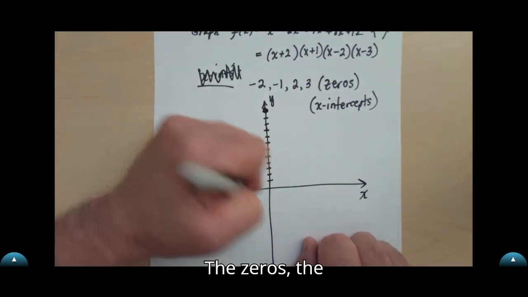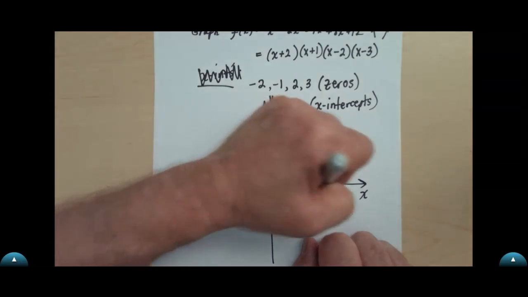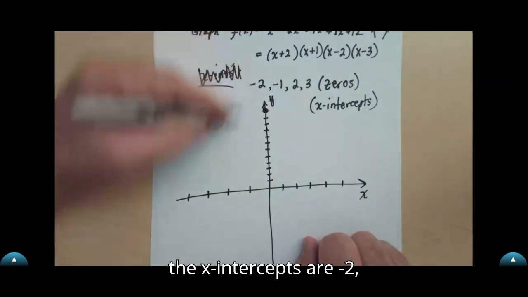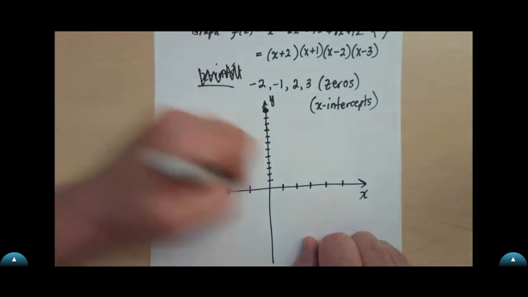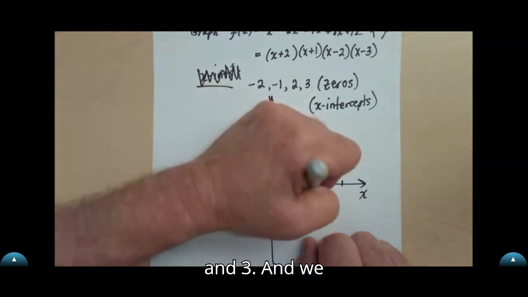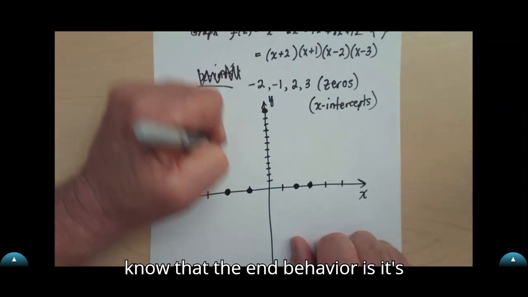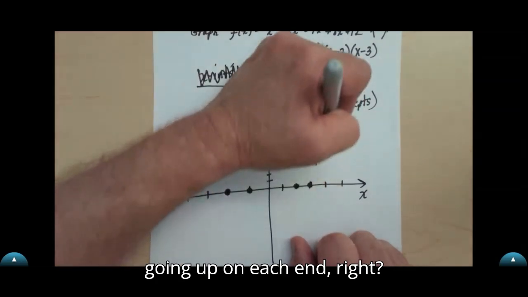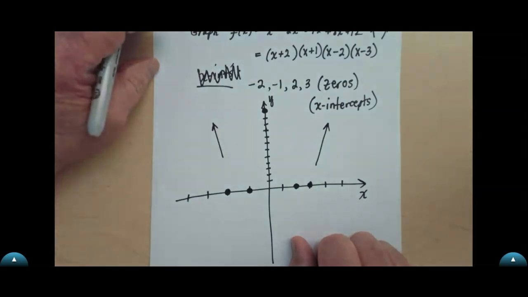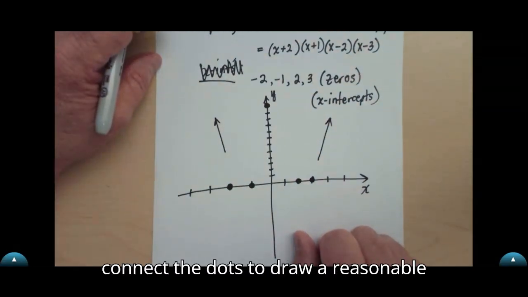The zeros, the x-intercepts, are -2, -1, 2, and 3. And we know that the end behavior is it's going up on each end, right? Essentially now all I've got to do is connect the dots to draw a reasonable graph.